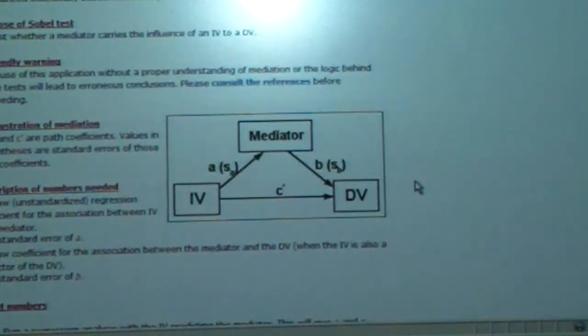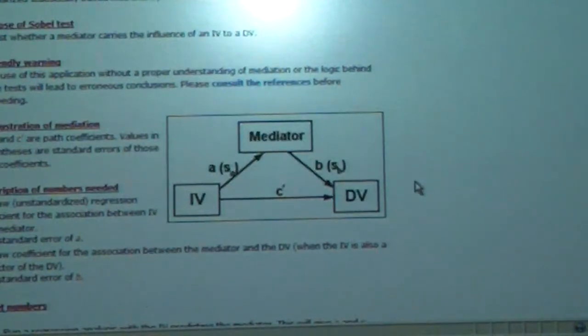In our case, if we were testing our example for mediation, which we shouldn't, but if we were, it would be dissociation and intrusive thoughts against PTSD symptomatology. And then you do another regression with the mediator, which in our case would be dissociation, as the outcome, and with the predictor being the IV, intrusive thoughts.